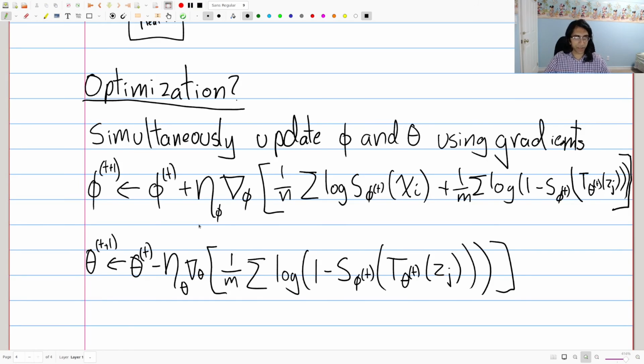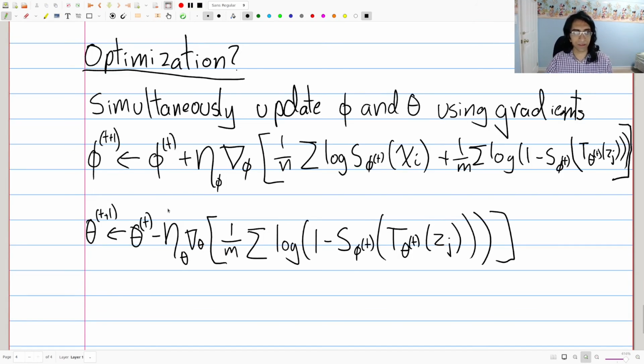For example, you can take multiple steps with one parameter first, and then you take a step with the other parameter. Or you can maybe alternate them so that they don't happen simultaneously. Or you can even look at previous time steps, which turns out to be better for optimization in some parts. Yeah, optimizing GANs is notoriously difficult in the sense that they can be very finicky to some of these parameters. So just be aware of that.